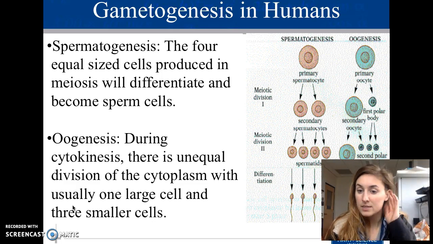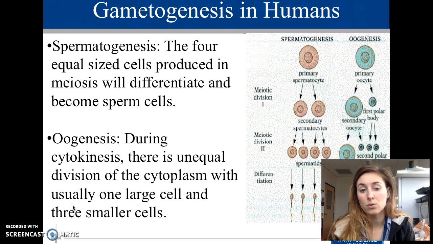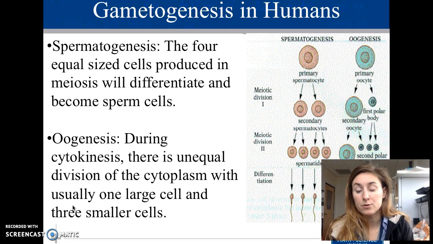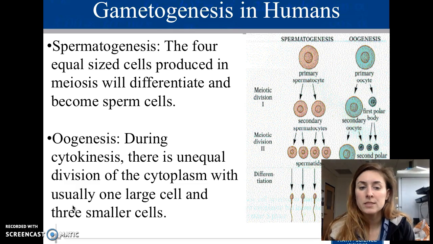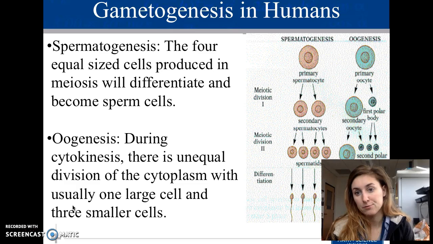So this is the process that's going to happen in humans. We call it gametogenesis, but it's basically meiosis in humans. Either spermatogenesis, where 4 sperm cells are created, or oogenesis, which is the creation of eggs. What's interesting in this case is that during cytokinesis, there's an unequal division of the cytoplasm, which basically means that only 1 out of the 4 eggs survives.